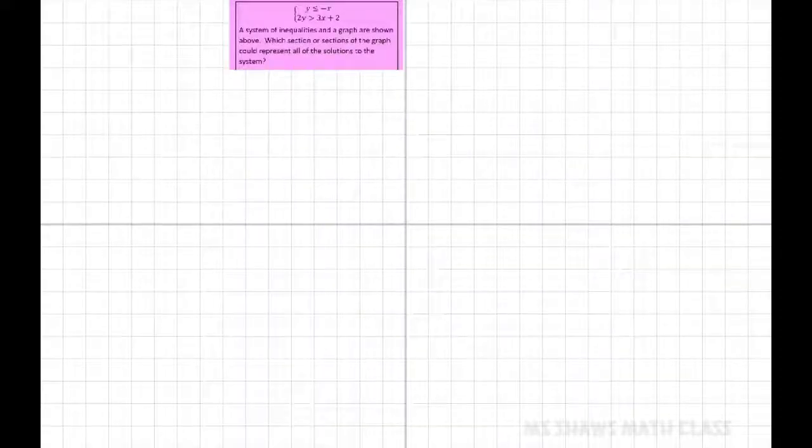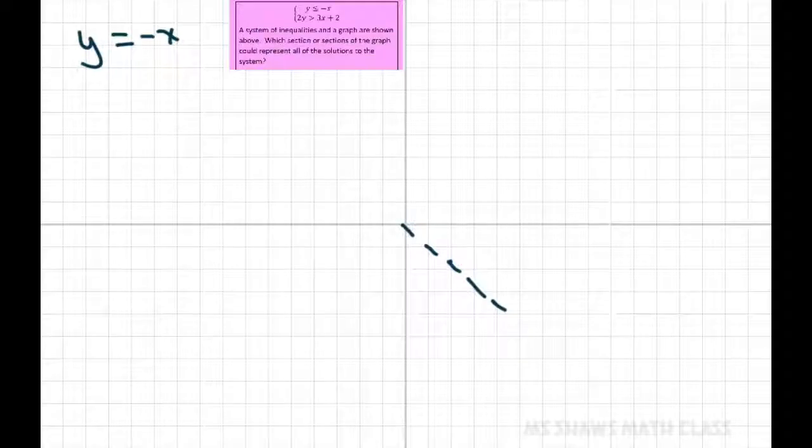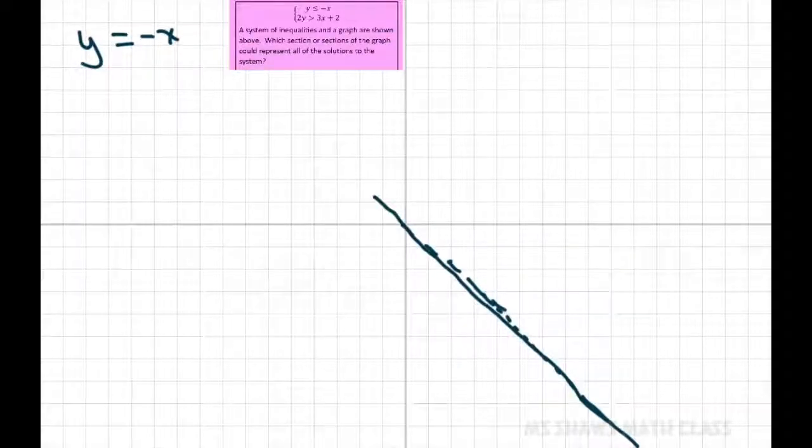So let's just pretend we have y equals negative x. And if we do that, we know that that is this line right in here, the reciprocal function. Let me make sure I get this graphed right. So you draw the graph, and it should kind of be a diagonal here.